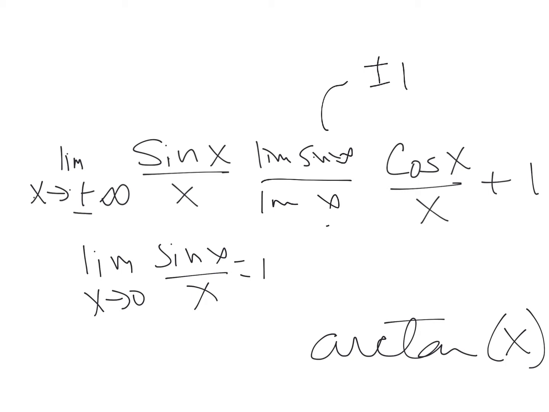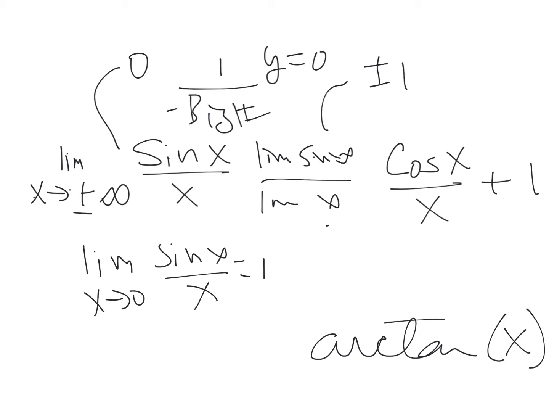So basically I'm going to get 1 over a big number, or 1 over a negative big number. In either case, that's approaching 0. So this has a limit of 0 out at negative infinity and positive infinity, which means the horizontal asymptote is y equals 0. Okay.